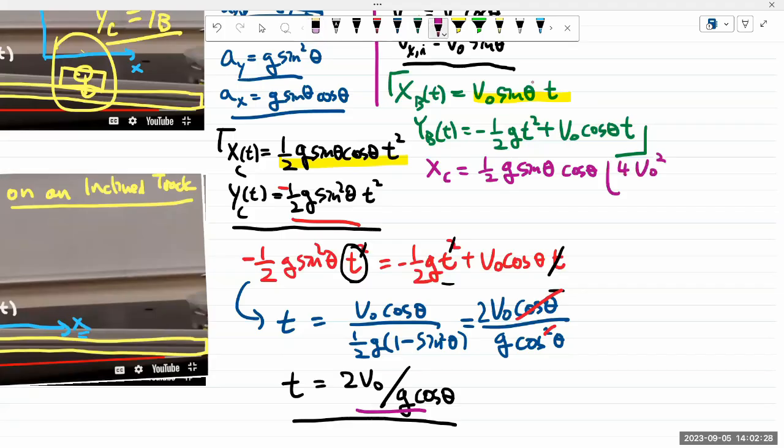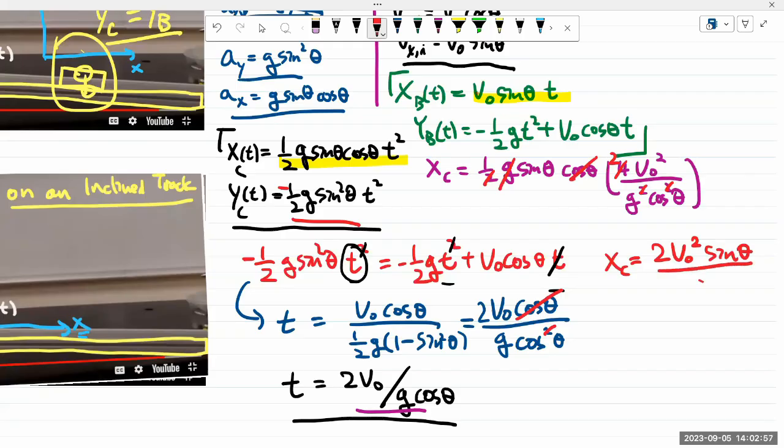So 4 v naught squared divided by g squared cosine squared theta. Let me do a bit of cancellation. One factor cancels out, one factor cancels out, and one more factor cancels out, so x of the cart will be 2 v naught squared sine theta over g. And I think all the units work out here. Yeah, so that's for the cart.